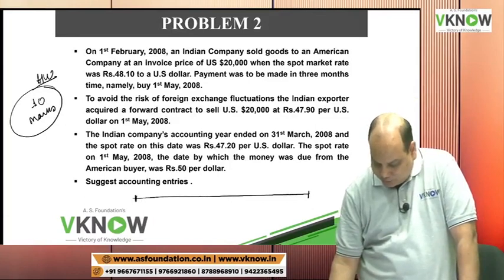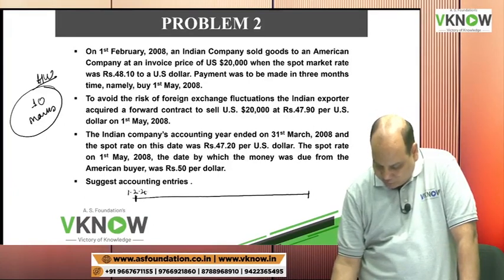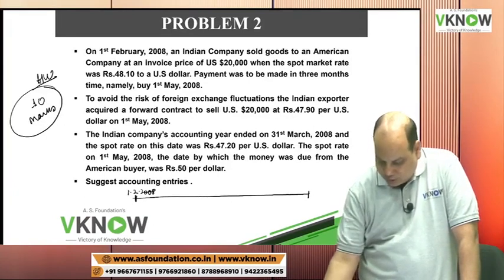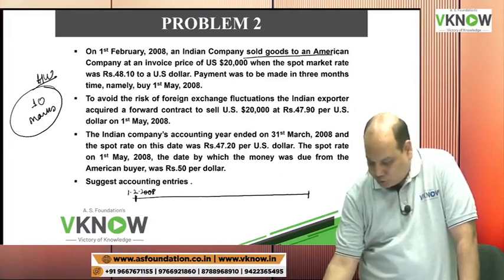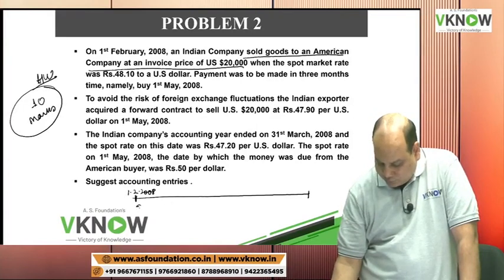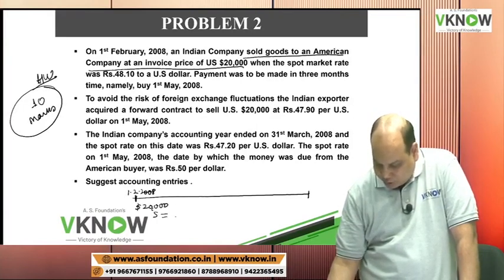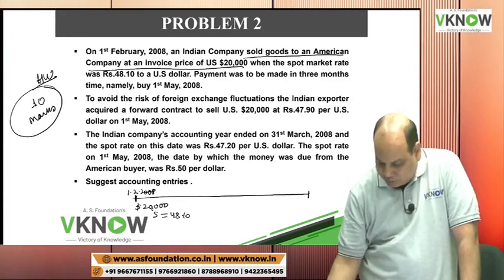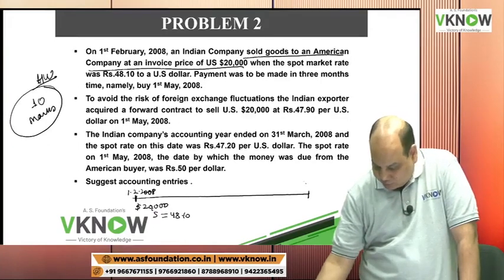on 1st February 2008, an Indian company sold goods to an American company for an invoice price of $20,000 when the spot rate was 48.10. Payment was to be made in 3 months time.